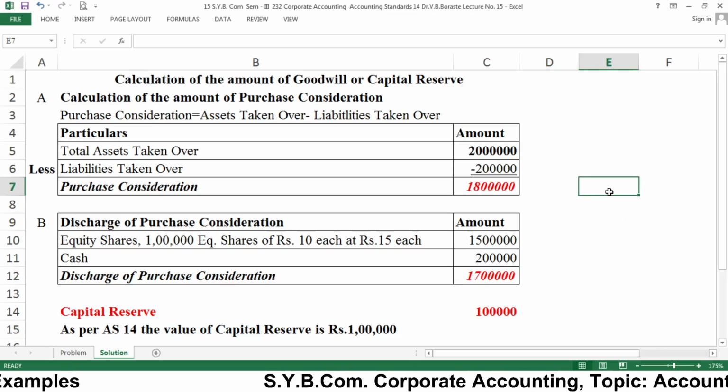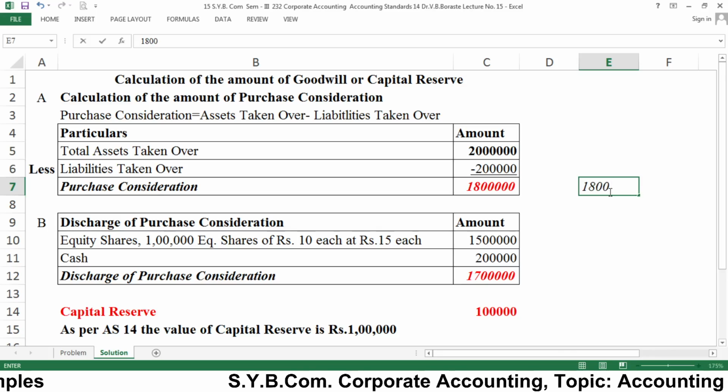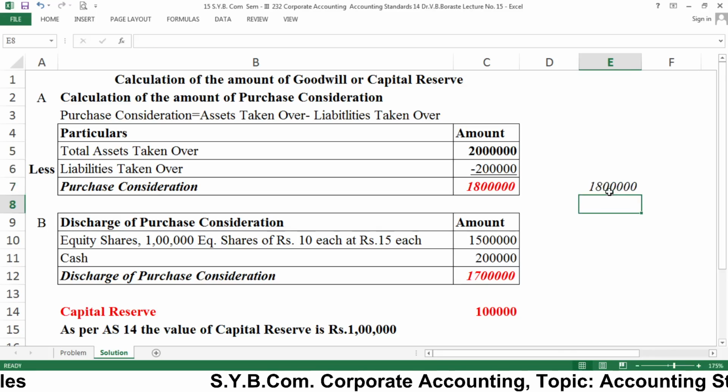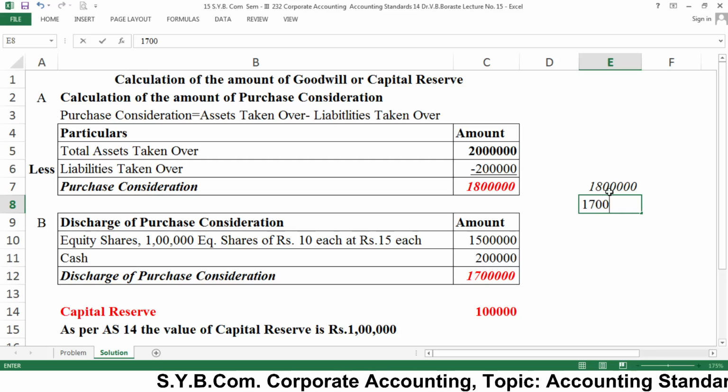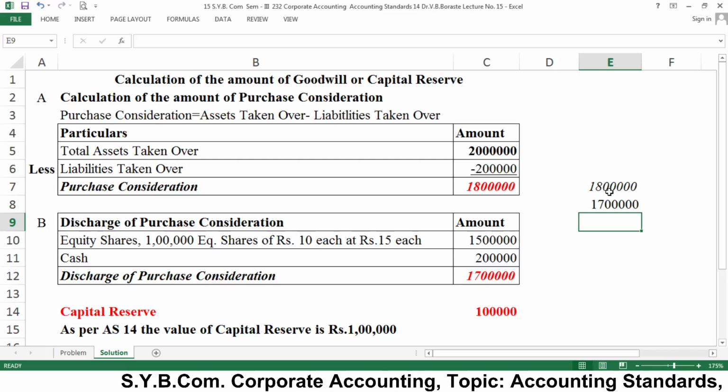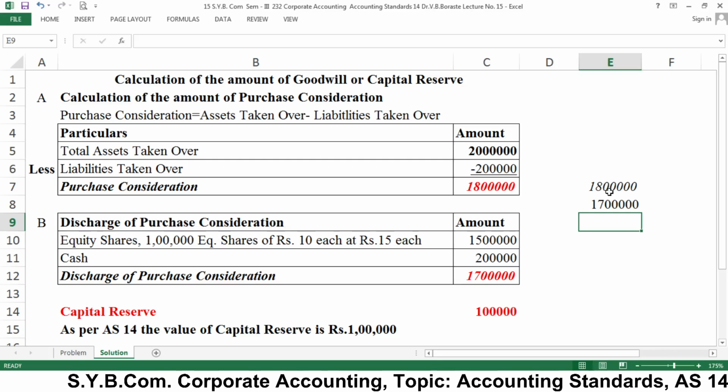So it simply means that the purchase consideration is 18 lakh and we paid a discharge of rupees 17 lakhs. That means we are going to pay 1 lakh less, a minimal amount of rupees 17 lakh. That means 1 lakh is shortage.